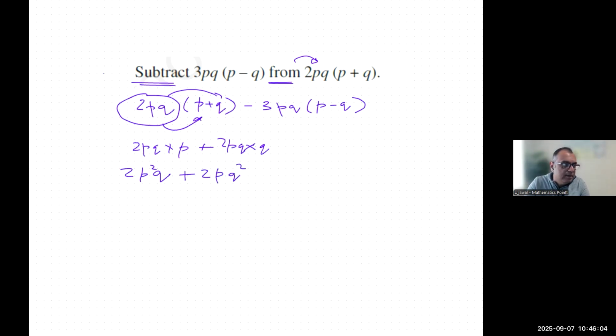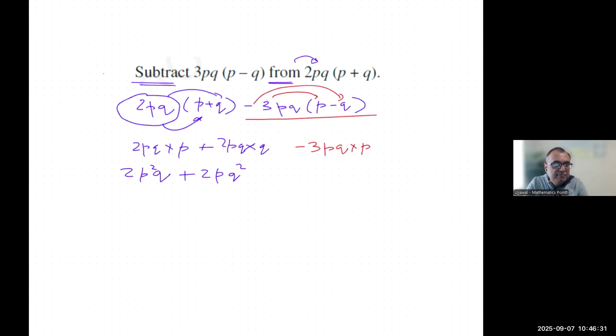Now, let's do the other one. This expression. Negative 3pq is multiplied here. So I can say negative 3pq times p. And then this negative 3pq times negative q.